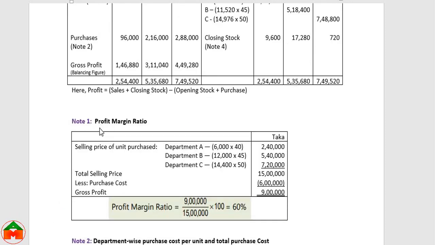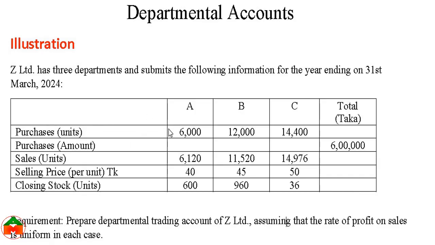For the purpose of calculating the profit percentage, at the initial stage we have to calculate the selling price of the purchased units. From the question we can see the purchase units are 6,000, 12,000 and 14,400. With these purchase units we will multiply the selling price.